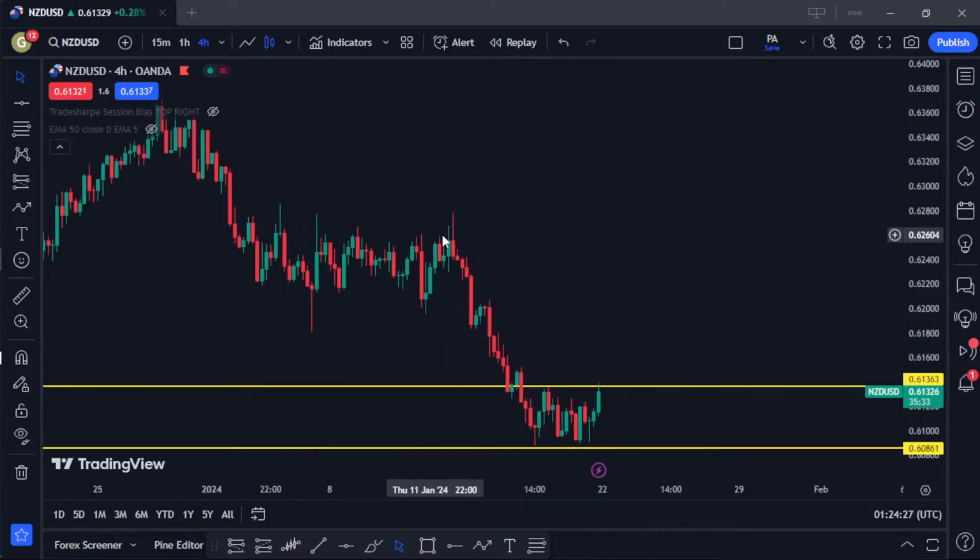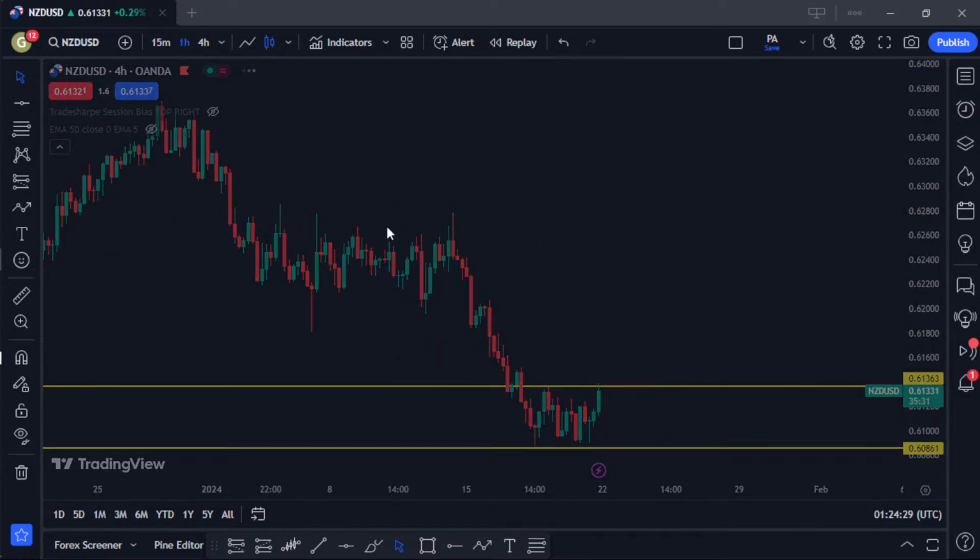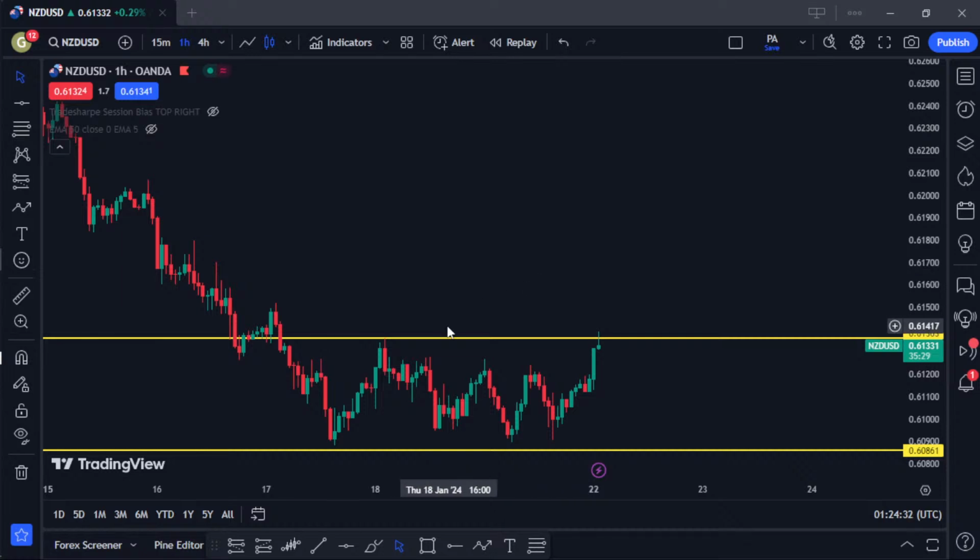So if I should come over to the 4 hours now, you can see that on the 1 hour, the market is not moving to any clear direction. You can see that the market is just ranging here, looking at the 1 hour chart. So all we'll simply be waiting for is the market to actually break out of that 0.61363 area, and then when you come back for a retest, then we're actually going to place a sell order.